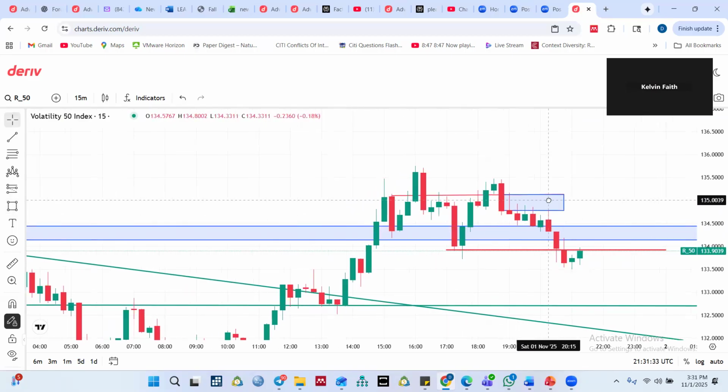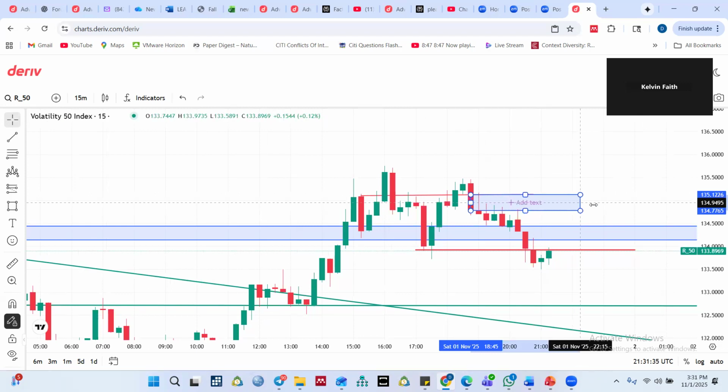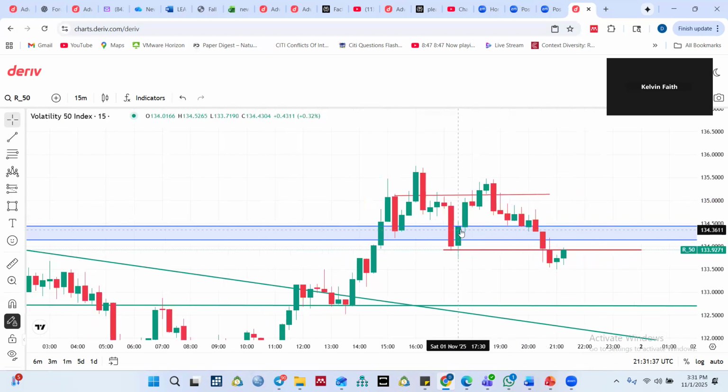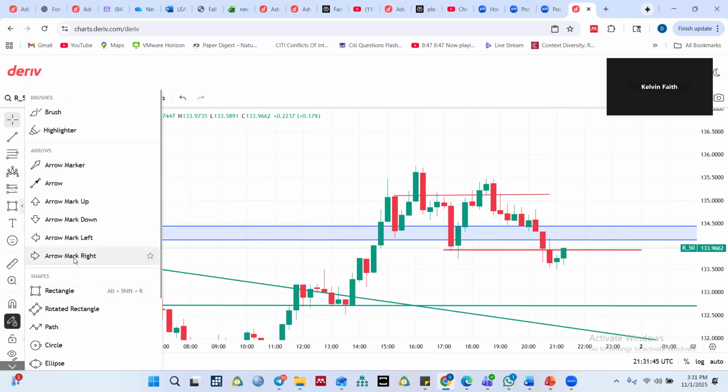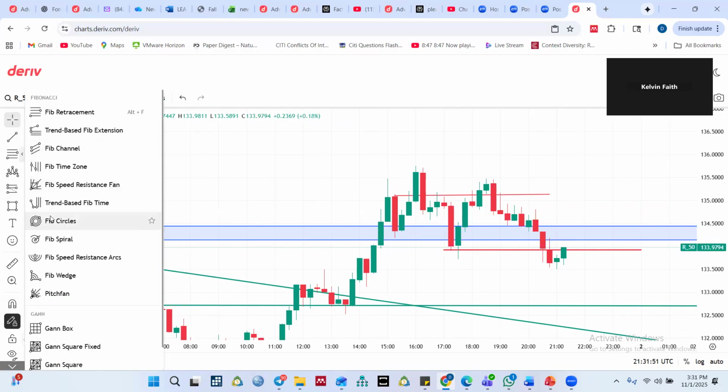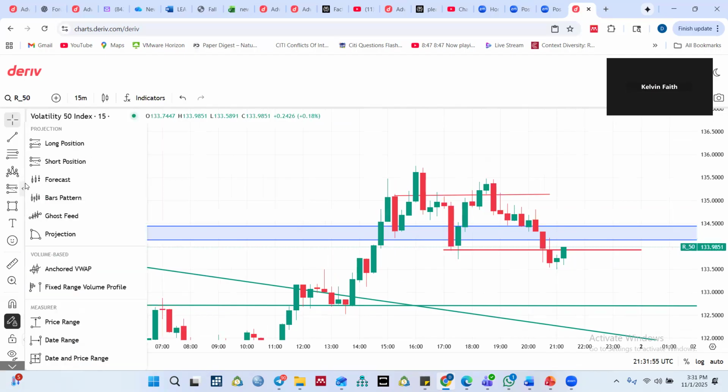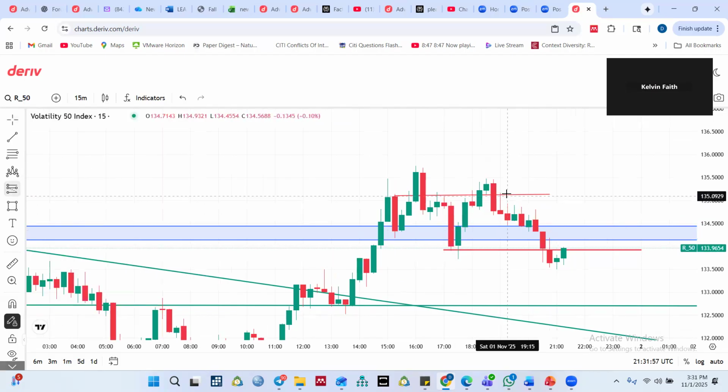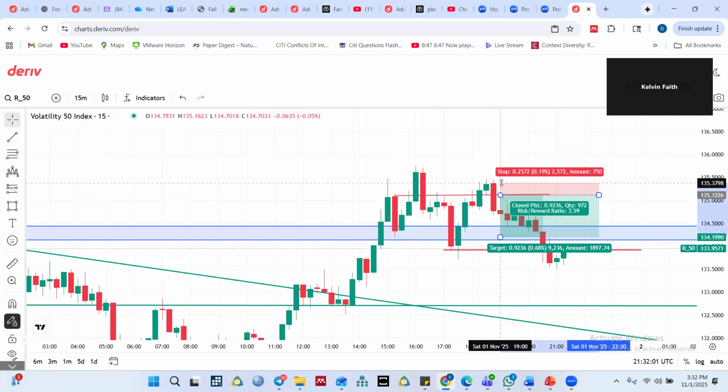So anything below this red line right now is a sell. The moment price moves up to retest and stays below this precision support resistance that I just drew, that's your entry.